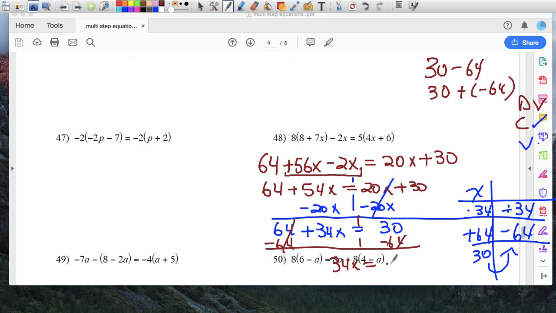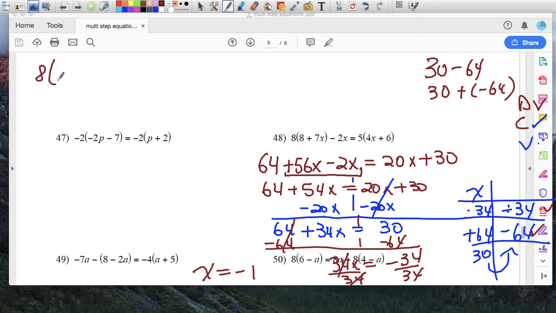There are more negatives, so my answer is going to be negative, and then 30 minus 64 is going to be negative 34. Divide both sides, right? Now we divide both sides by 34. That's easy enough. 34 divided by 34 is 1, and then I get x left over, and negative 34 divided by positive 34 is negative 1. So my answer is negative 1.